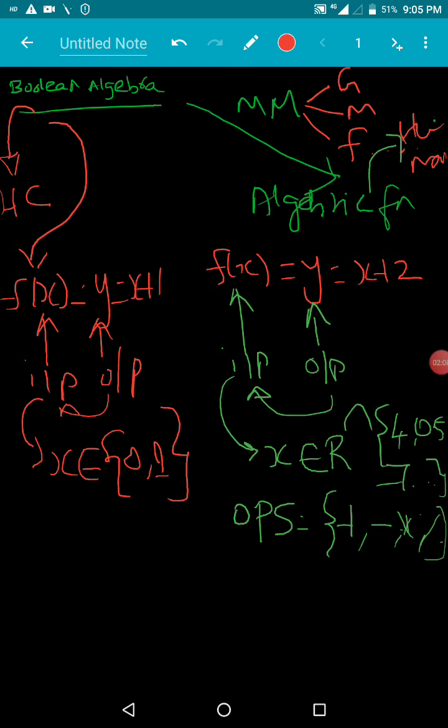Therefore, the input value is only 0 or 1. The operations between these values are NOT, AND, OR, and so on, but here NOT, AND, OR are the basic operators.